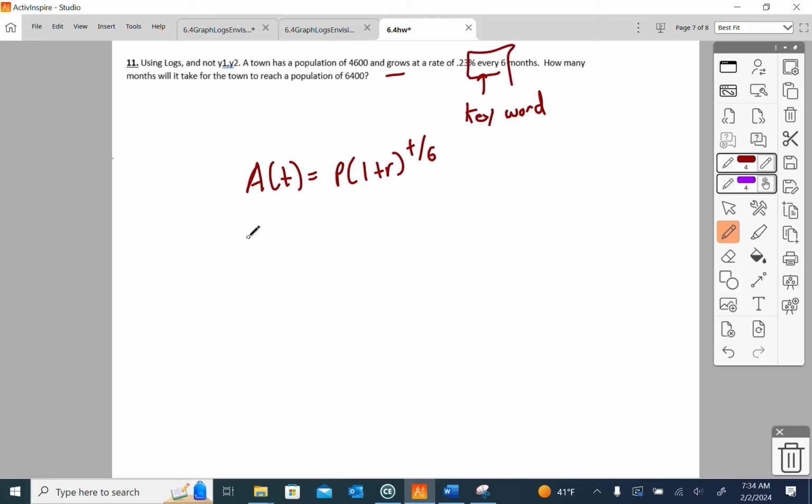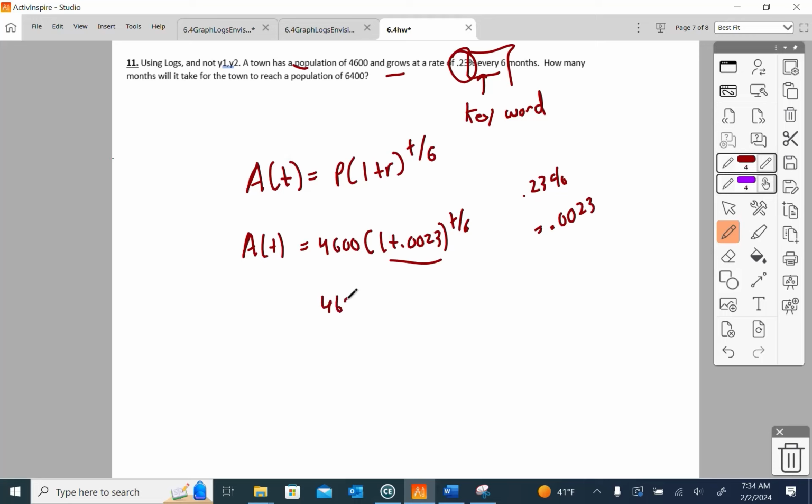All right. My principal is 4,600. 1 plus that's 0.23%, which is equal to 0.0023. 50 over 6. I put those two numbers together.